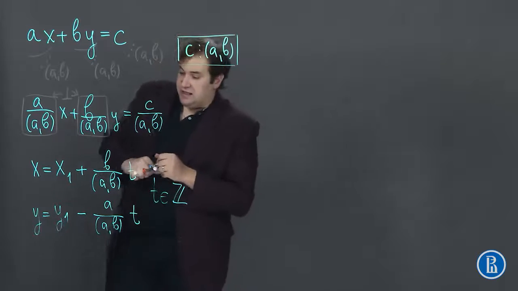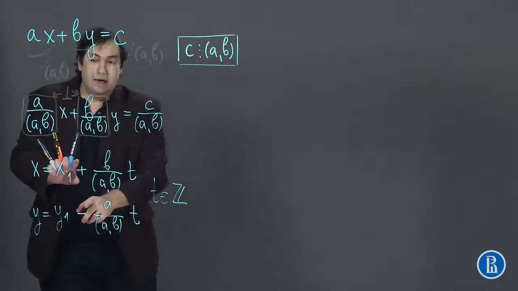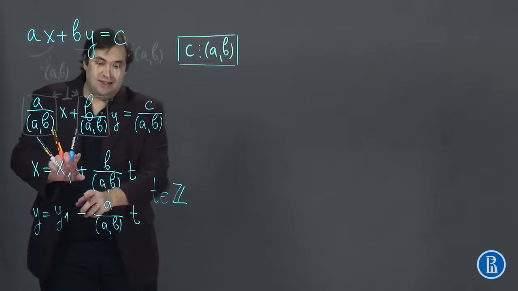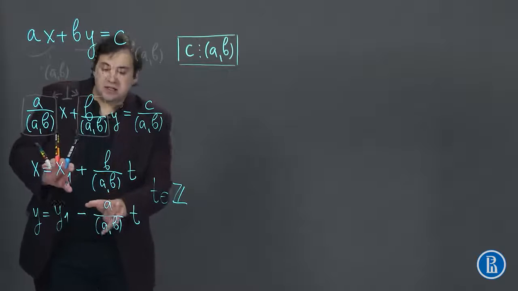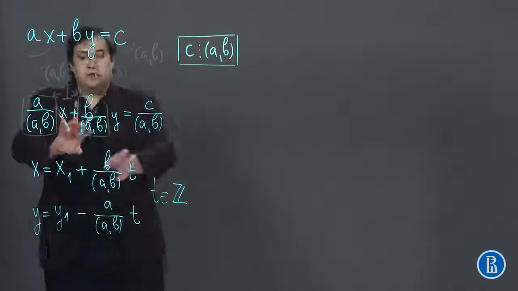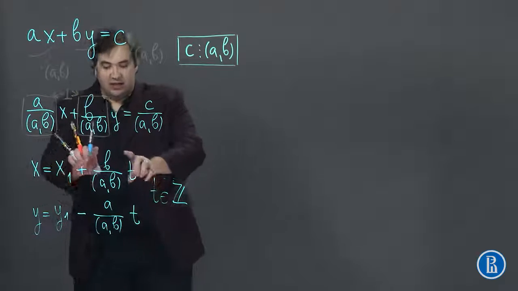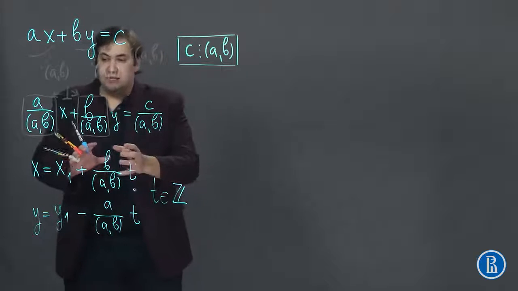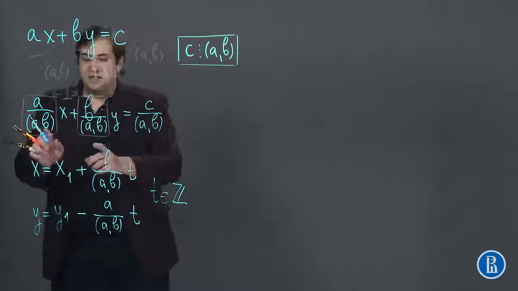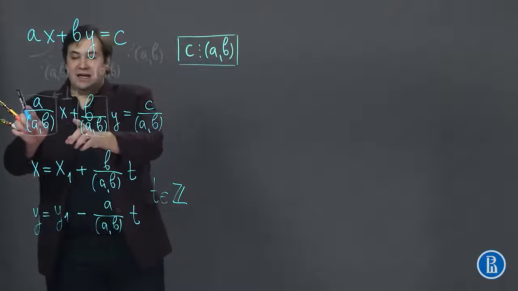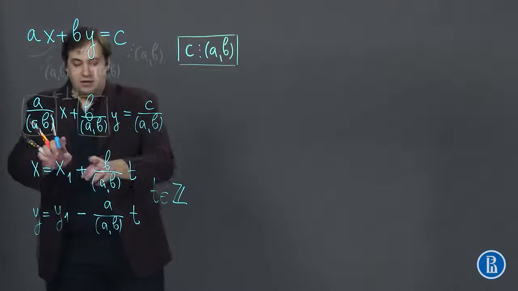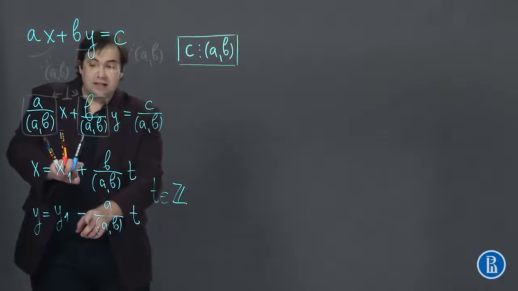Once again, notice that these signs must be such that when we substitute this formula into the equation, these parts containing t simply disappear. So if we have here plus and plus, then we need to take plus and minus.